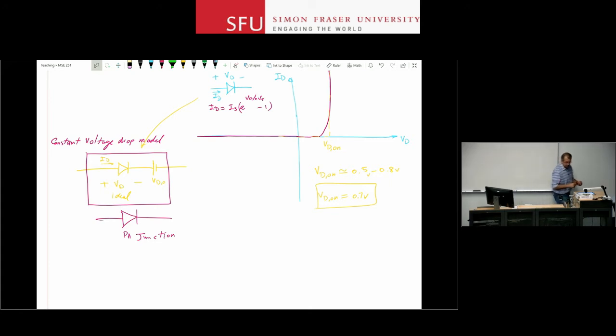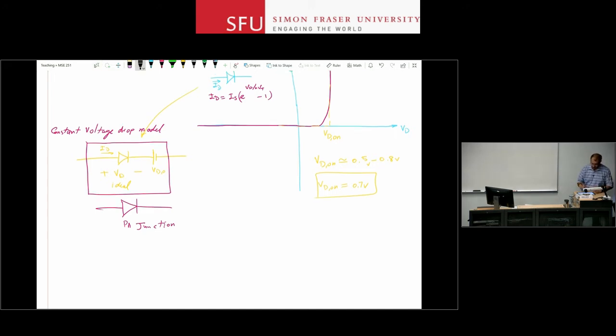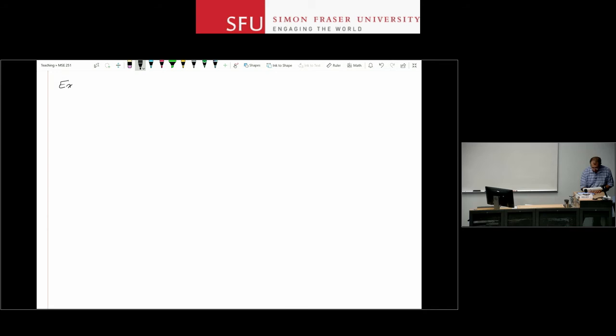Now, let's see how we can use that model in a circuit. So here is an example. We want to find the input-output characteristic curve or relationship for this circuit. I have two resistors and the diode here at the bottom of that resistor.